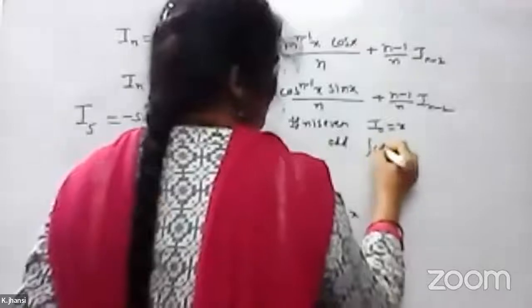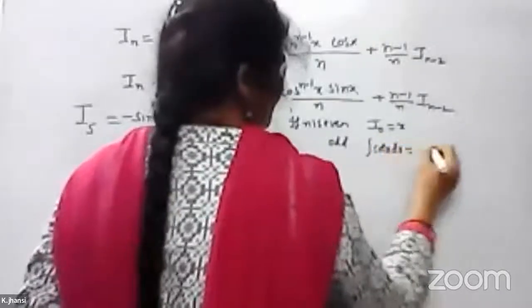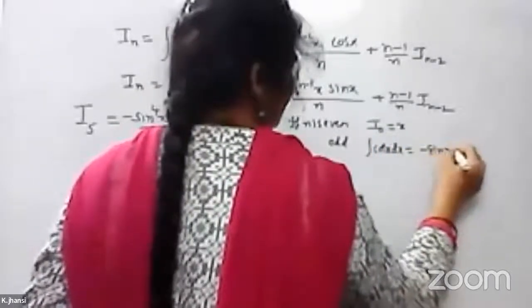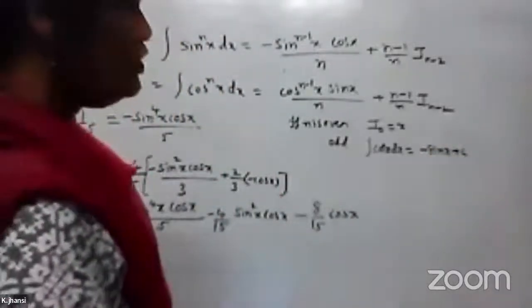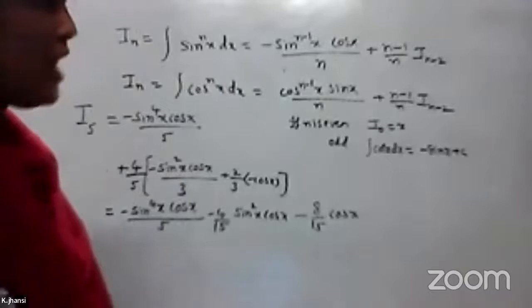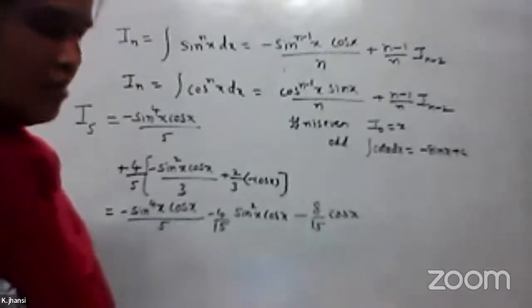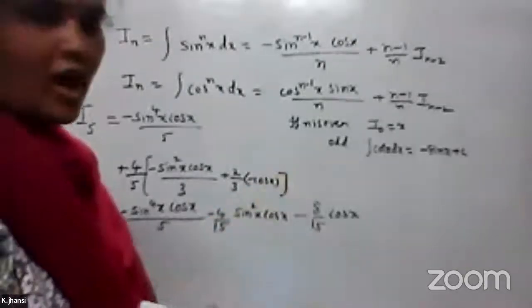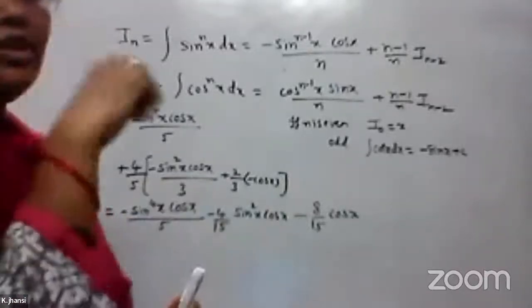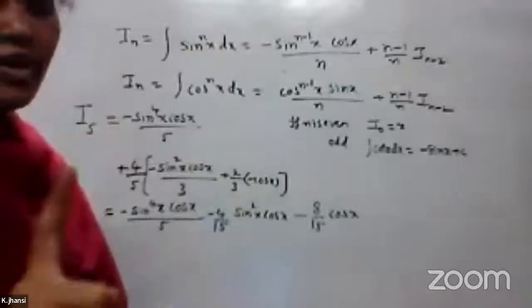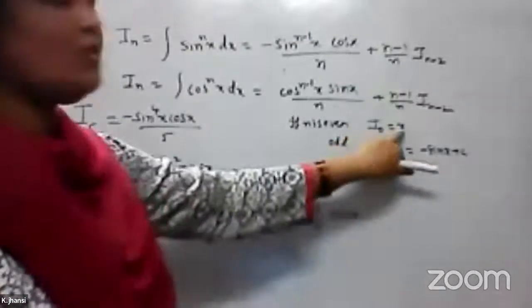Integration of cos x dx. Okay, so you compare the two formulas, the sine formula and also this formula. So the I0 value means you will have cos to the power of 0 into dx. Anything to the power of 0 means the value is 1. Therefore, you will get the I0 value as x.